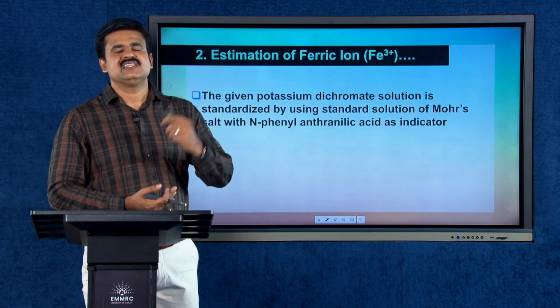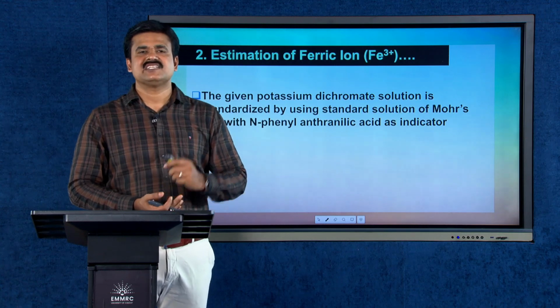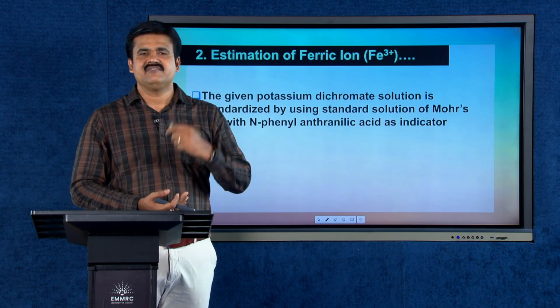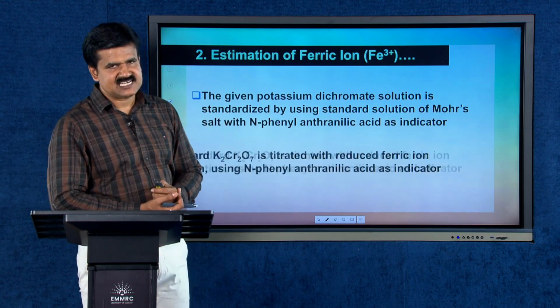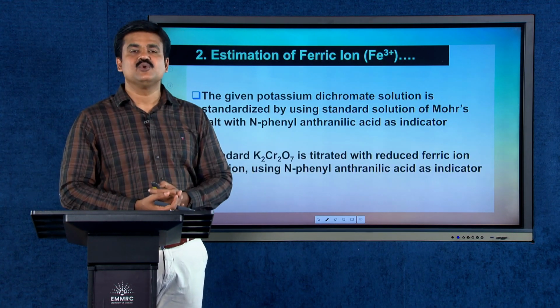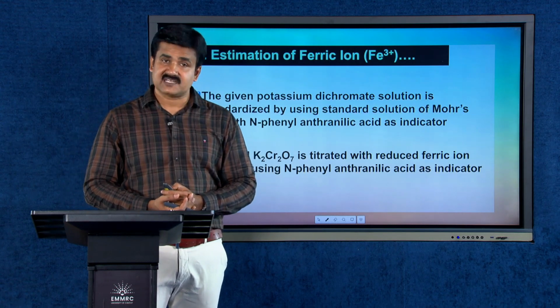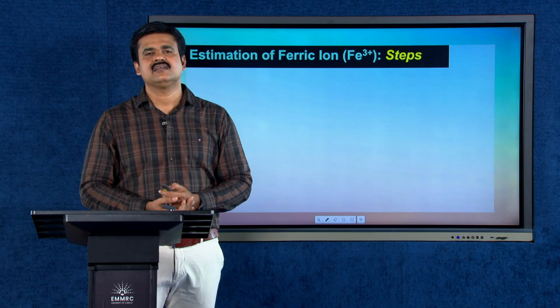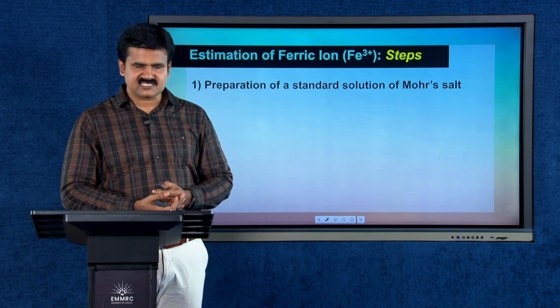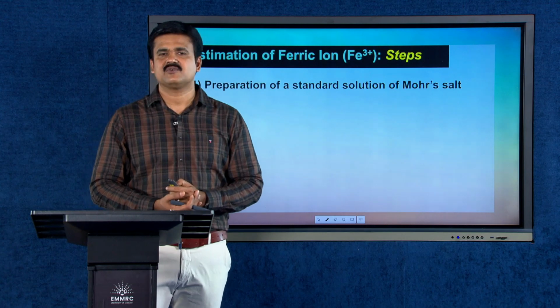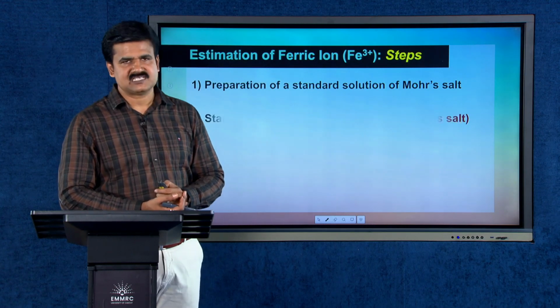Now, the given potassium dichromate solution is standardized by using standard solution of Mohr's salt with N-phenylanthranilic acid as indicator. Standard K2Cr2O7 is titrated with the reduced ferric ion solution, that is ferrous ion solution, using N-phenylanthranilic acid as the indicator. These are the steps in consolidation. The first step is the preparation of the standard solution of Mohr's salt, which is for the standardization of potassium dichromate.